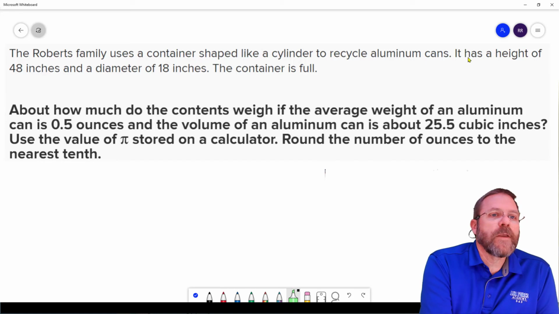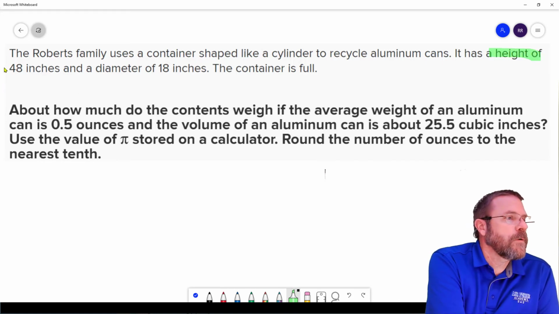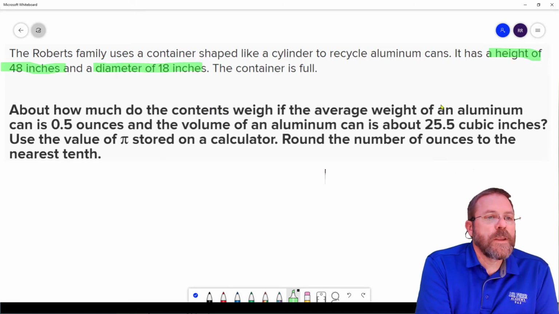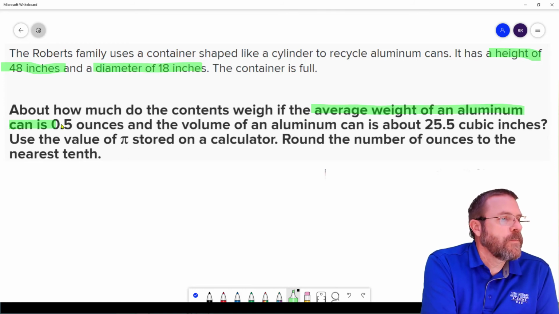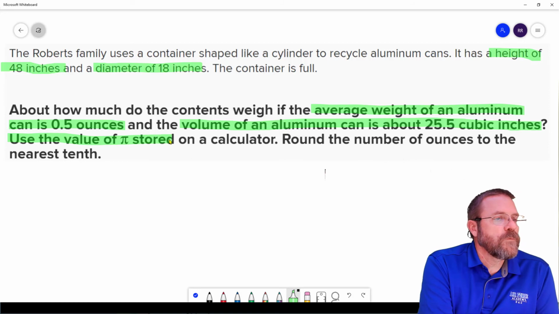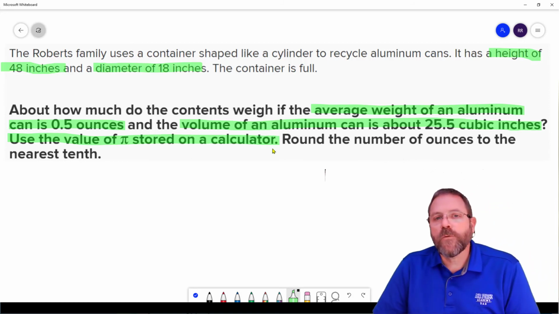I'm going to say we have a height right here of 48 inches, and it has a diameter of 18 inches. How much will the contents weigh if the average weight of a can is going to be 0.5 ounces and the volume of the aluminum can is going to be that? And it also tells us to use the stored value in your calculator for pi.